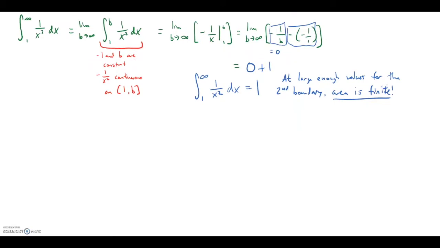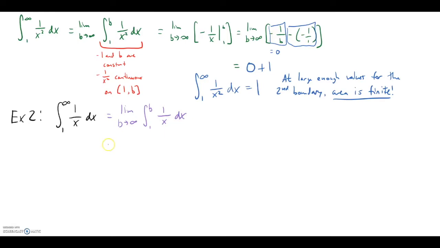So let's finish by taking a look at one more example as a contrast to that first situation. In this example, we'll look at the integral of 1 over x dx, also from 1 to infinity like we saw in the first example. And we'll solve this by setting up the limit as b approaches infinity for the integral from 1 to b of 1 over x with respect to x.